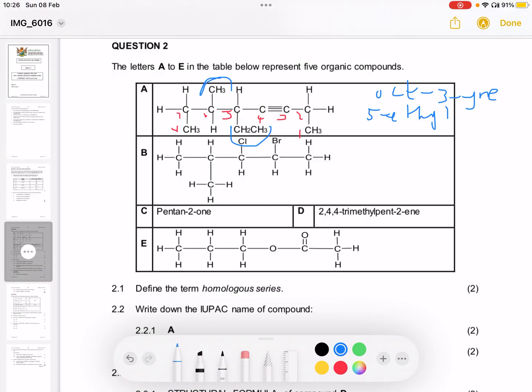And we also have in carbon number 6 a methyl group. So let's jot this down correctly. I'm going to do a little bit of erasing here so that it doesn't confuse us in the next questions.